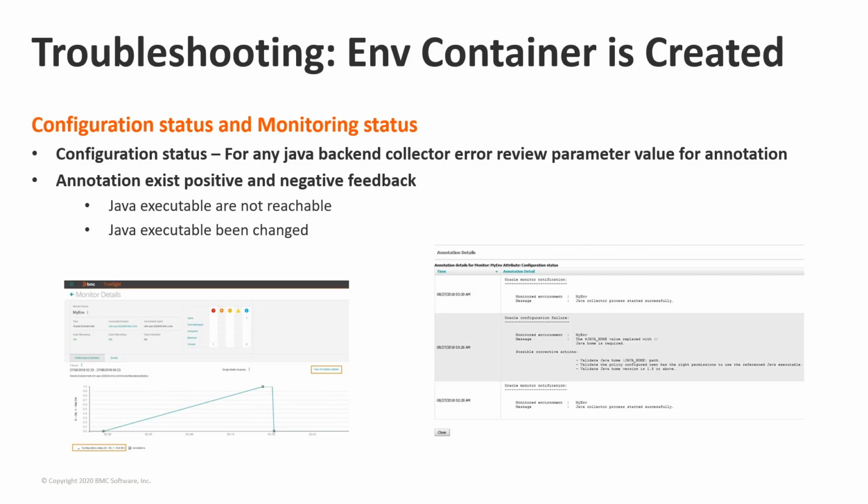The configuration status will have a positive annotation every time the Java process starts, and will report any problem in the Java settings like wrong Java path or unsupported Java version. Also, if the process cannot start, it will report possible causes and corrective actions.